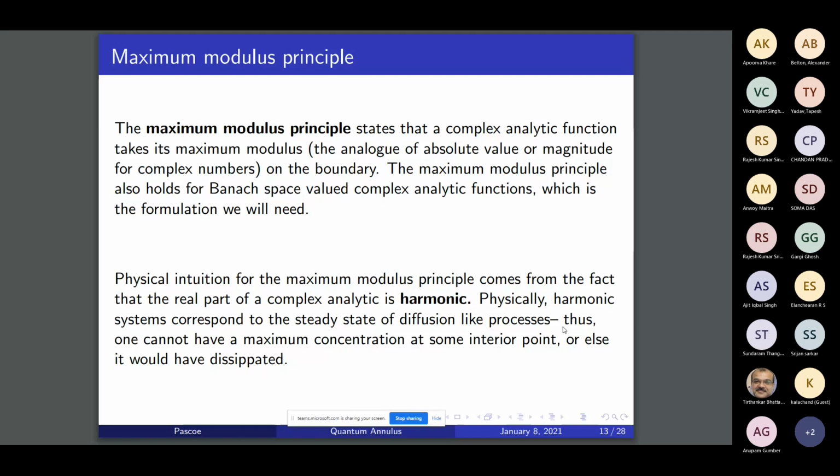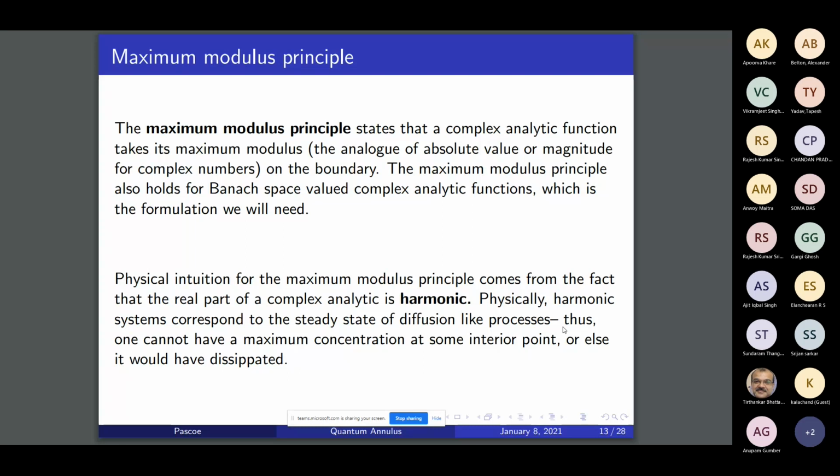Imagine that it's hottest at the middle of that disk. Heat is a diffusion-like process. So if it were really hot at the middle, it wouldn't be in a steady state, because that heat would want to diffuse and go other places in the disk.